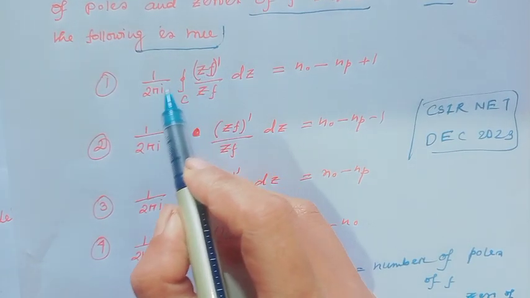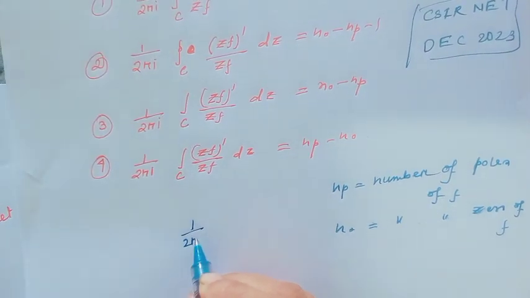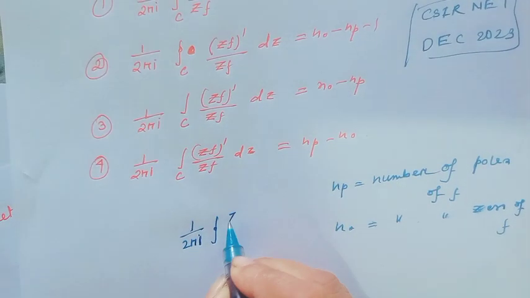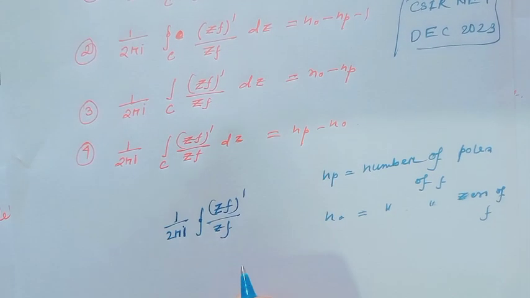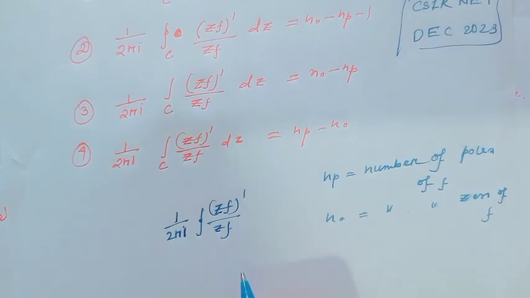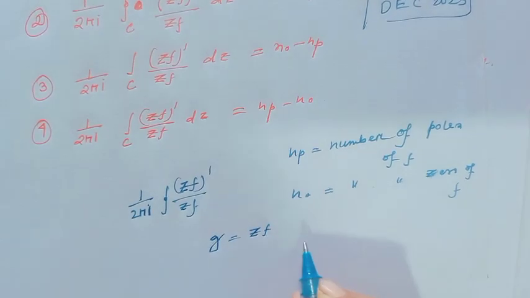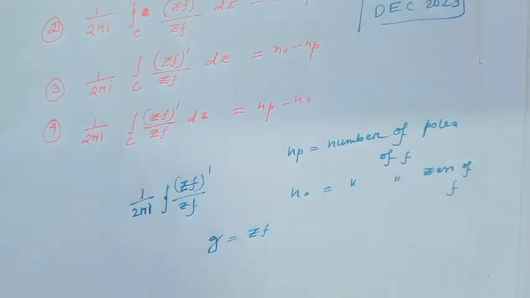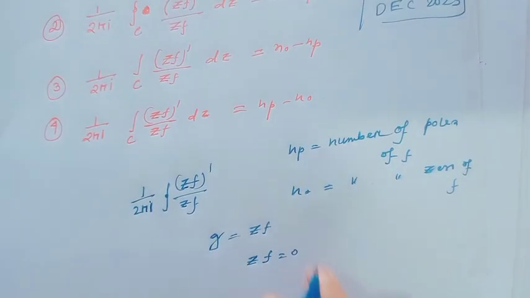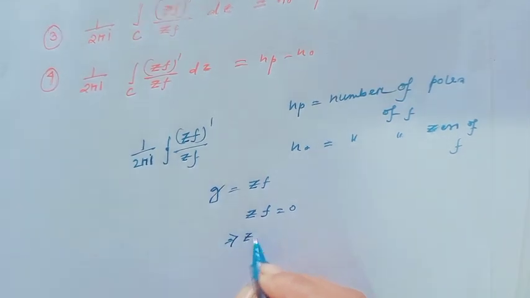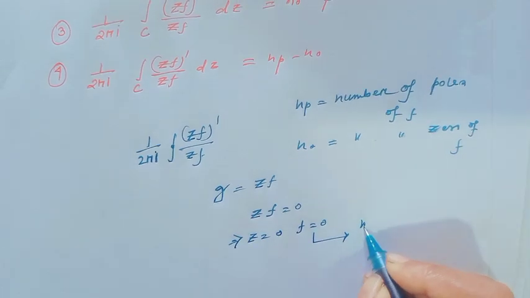And here use only the argument principle, 1 over 2 pi i of (z f) dash over z f. That means consider the function g equal to z f, and the number of zeros of z f: z f equals 0 implies z equals 0 or f equals 0, and f has N naught zeros.